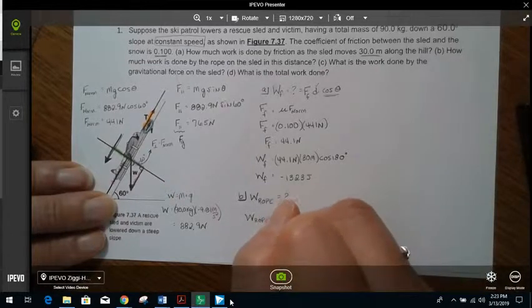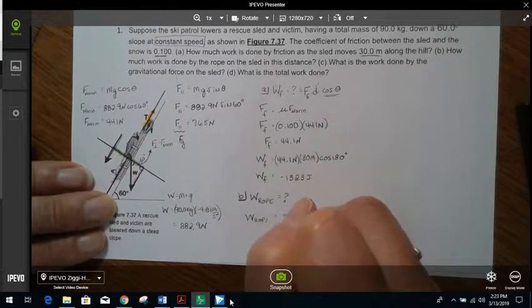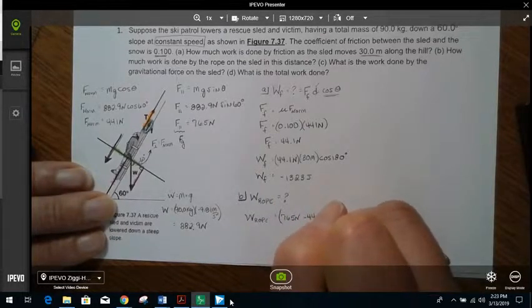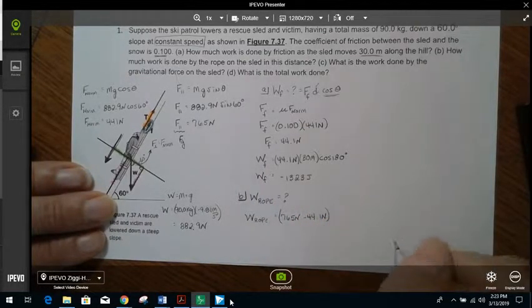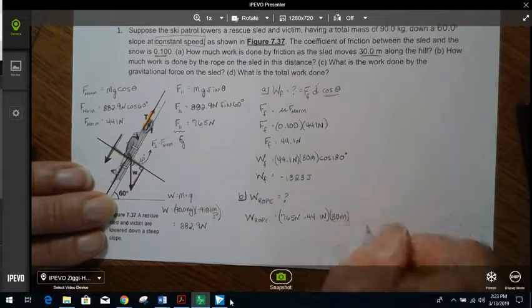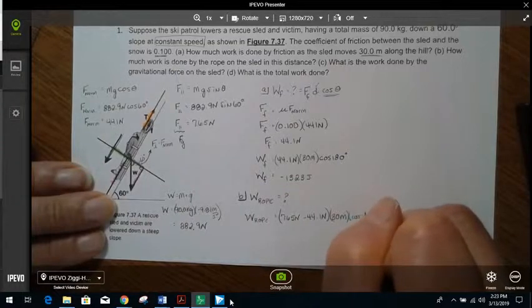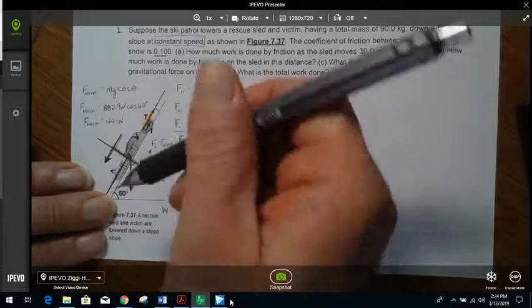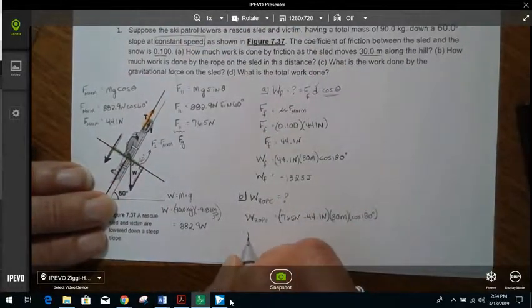So we have the work done by the rope equals the 765 newtons minus the 44.1 newtons times the distance, 30 meters, times the cosine of 180 degrees. Because again, this is acting in the opposite direction to the direction of motion.